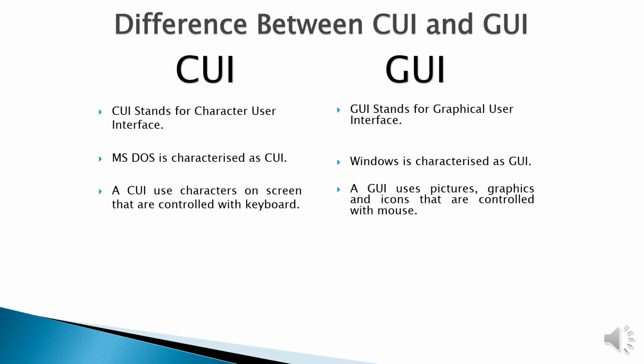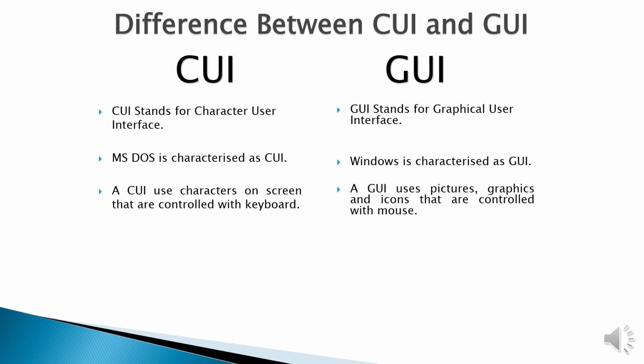A GUI uses pictures, graphics, and icons that are controlled with the mouse. If you see the Windows operating system, what do you find on the desktop? On the desktop, you find some icons, or you can also use pictures and graphics. With the help of these pictures and graphics, you can use your GUI operating system.